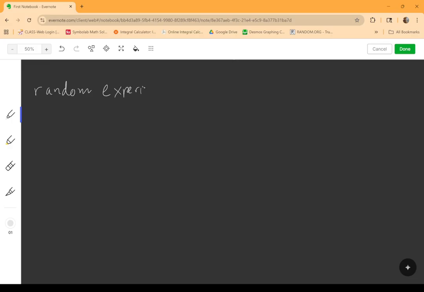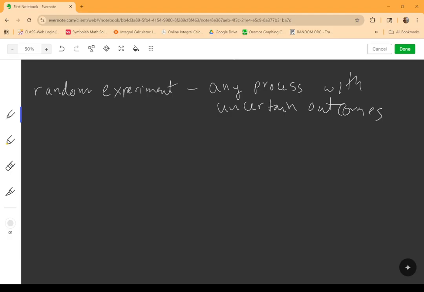What I mean by that is not that the experiment itself was random, that I did it out of nowhere, but that it's a process with uncertain outcomes. Any process with uncertain outcomes. Think of flipping a coin, rolling dice, picking a random card from a deck of cards, the lottery. These are all random experiments.